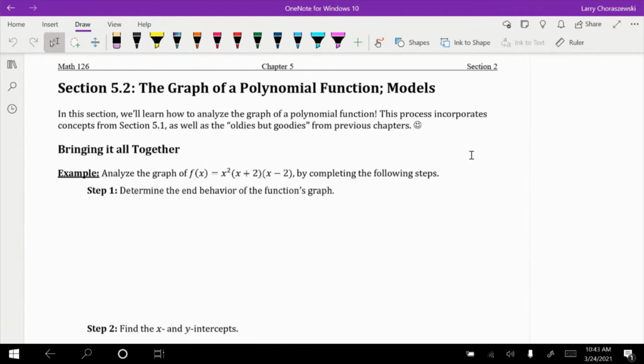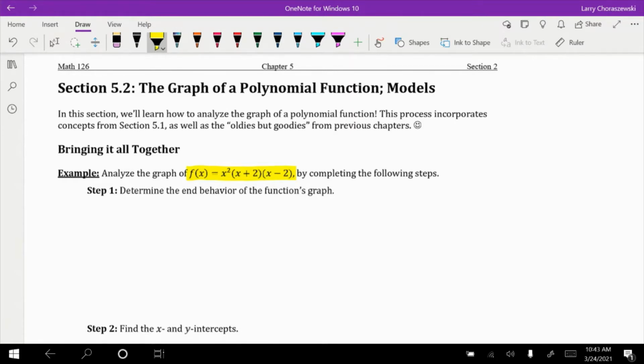So the function we're going to be working with throughout this section is x squared times x plus 2 times x minus 2. And that's a partially factored form version of the polynomial. And for step 1, they want us to determine the end behavior of the function's graph.